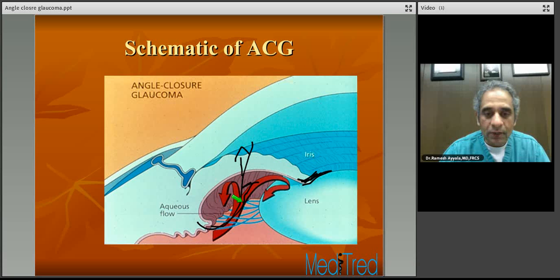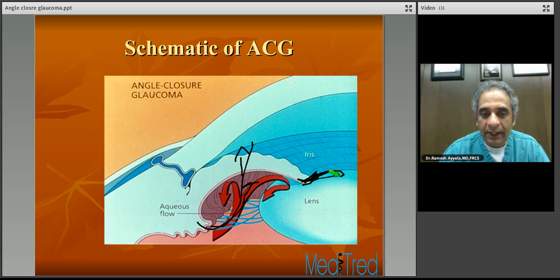Two, you want to create a pathway for the fluid to access the anterior chamber, and there are two ways to do that. One is to break the attachment between the lens and the pupillary margin, and that's where pilocarpine comes in, by constricting the pupil inwards and lifting it off the underlying lens.